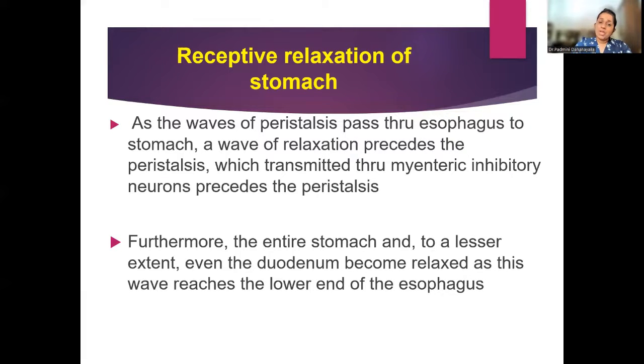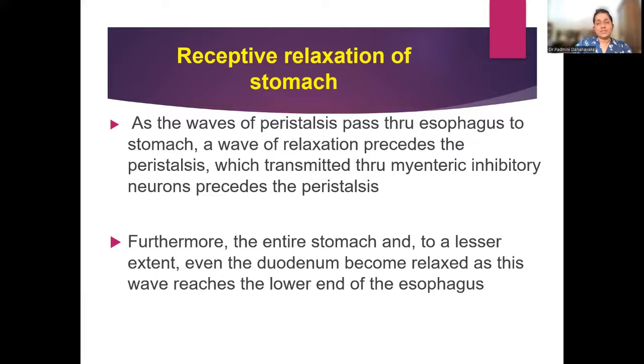Now with all these actions, the stomach is going to be ready to accept the food bolus. As the food bolus or the peristaltic wave passes through the esophagus to the stomach, a wave of relaxation also precedes the peristalsis, which is transmitted through the myenteric inhibitory neurons.